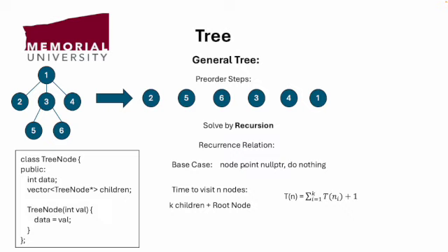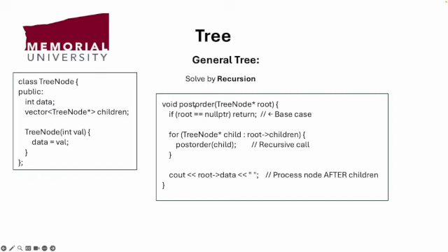Same equation, different order. Before, preorder had the node first and then did this. But now children first and then do the node itself. So we go with the base case and then do the children first. It's the same code. And then do the node.